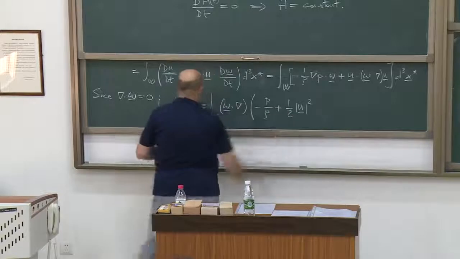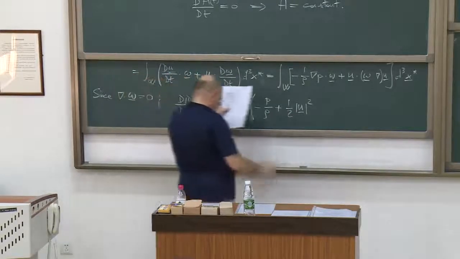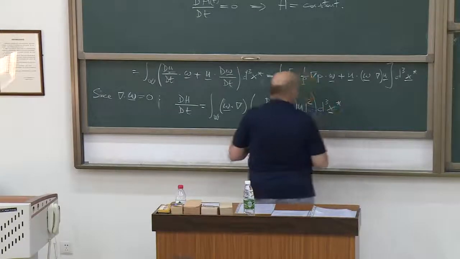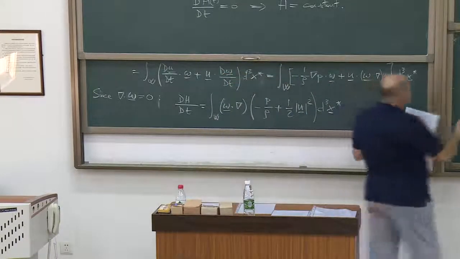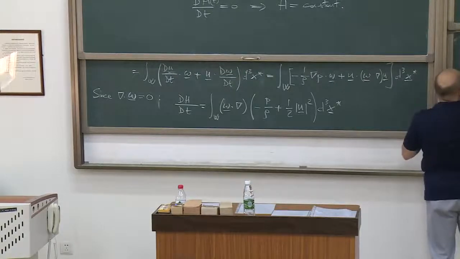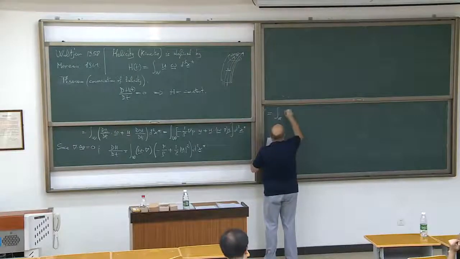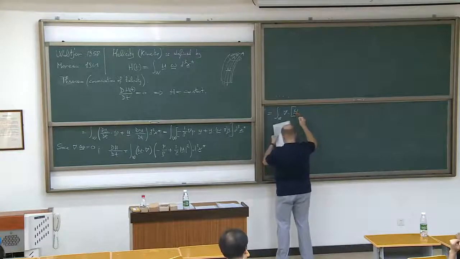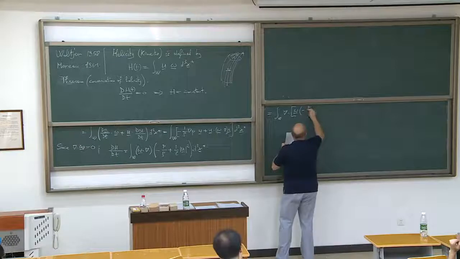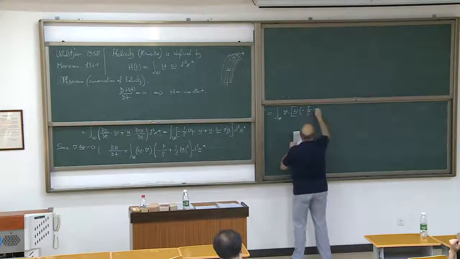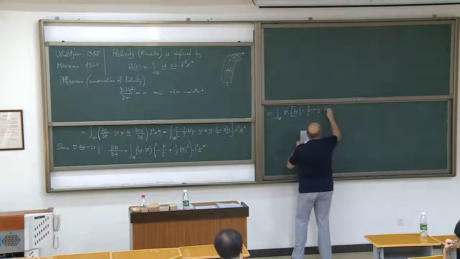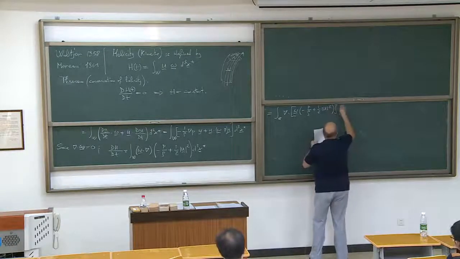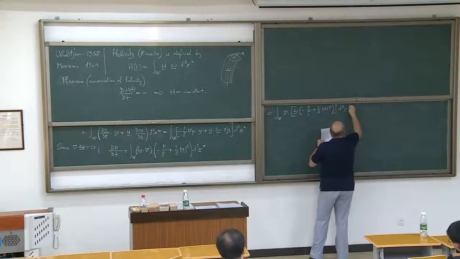When I take the grad, I have u in d3x. Okay? And this is the integral on W of the grad of something, omega comes out, minus p over rho plus half u squared, d3x star.